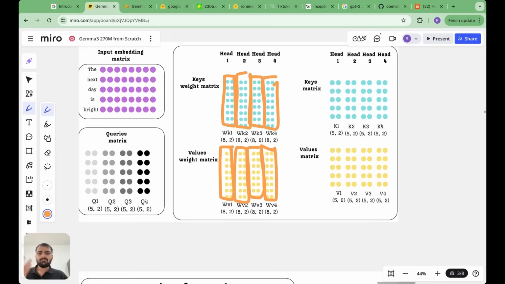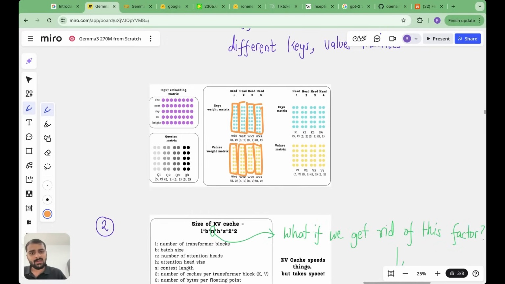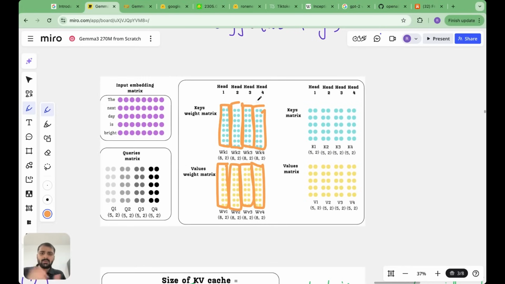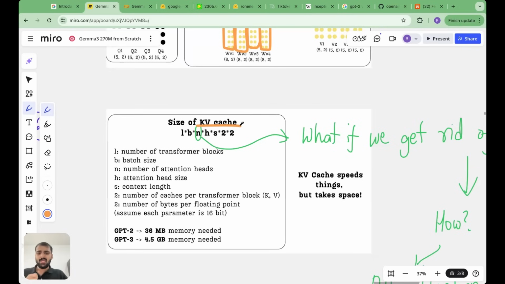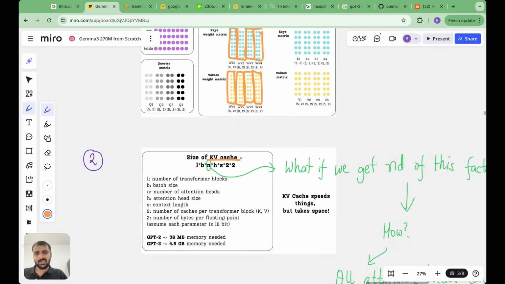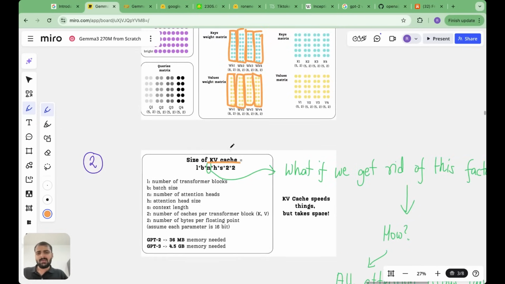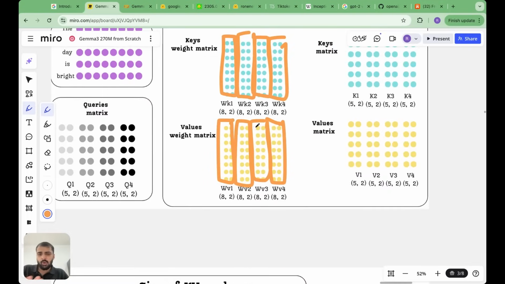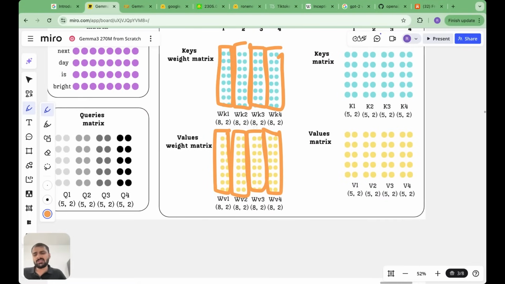You might be thinking, why is this even done? There are two reasons. First, it reduces the size of something called the KV cache. We did not get into this in too much detail. And second, which is the more intuitive reason for all of you right now, is that it reduces the number of trainable parameters which we have, because we just share the parameters across the different attention heads.